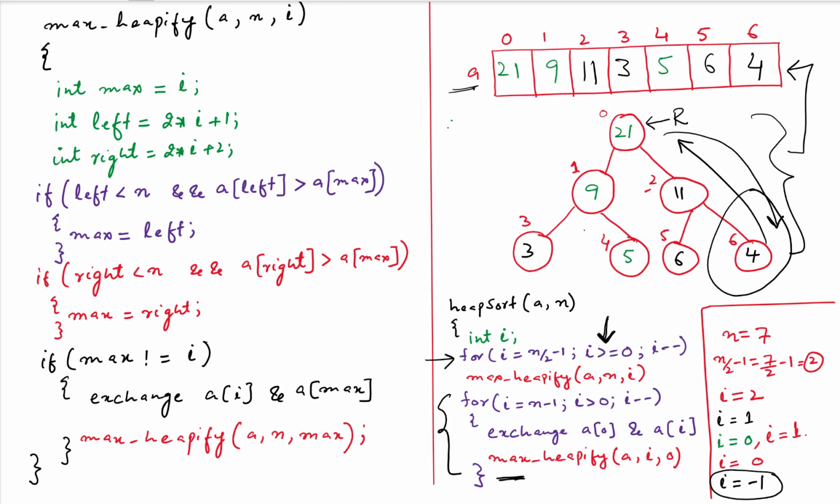Okay, so I will leave this, you do the practice further, and you will understand how this actually happens. And each time when we are replacing the element at the root, after that we again call the Heapify procedure. Why the Heapify procedure? Because we have to keep the larger node, or the node with the largest value, at the root node, in order to meet the properties of heap sort.